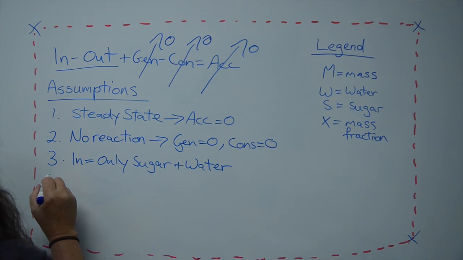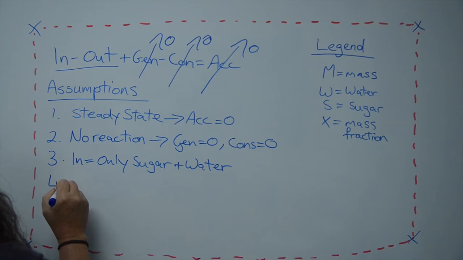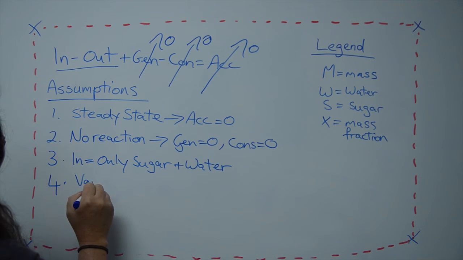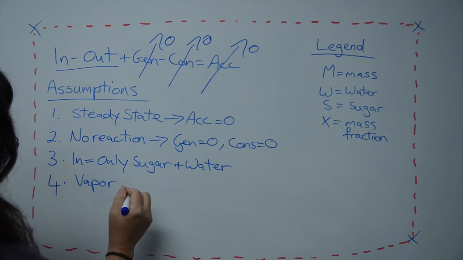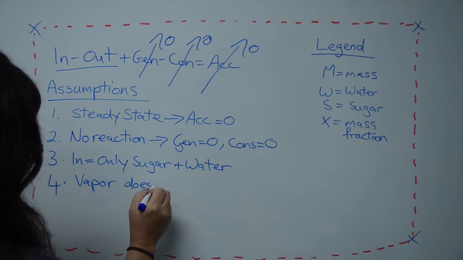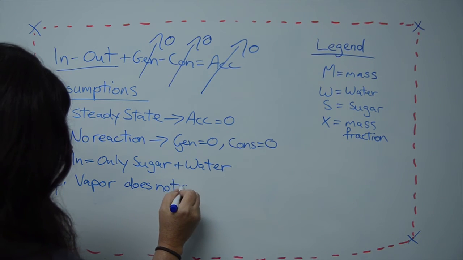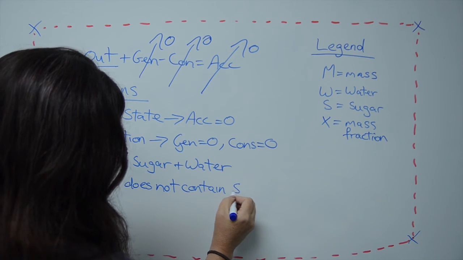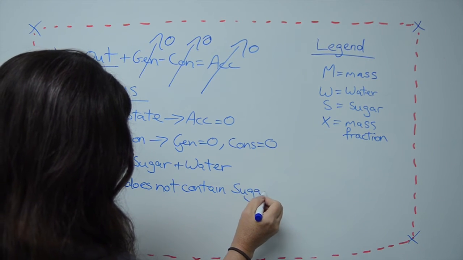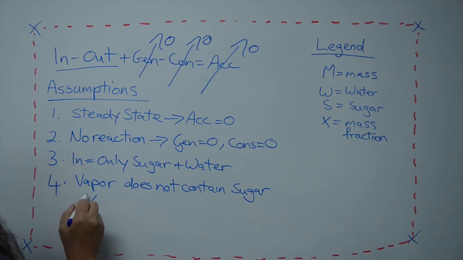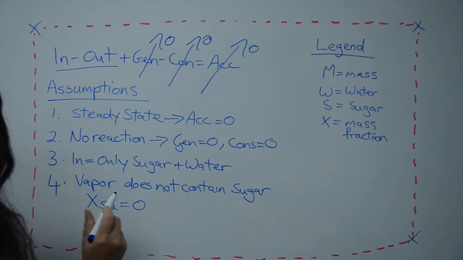And finally, in our fourth assumption, we're going to say that the vapour does not contain sugar. So this will mean that XS2 is equal to 0.